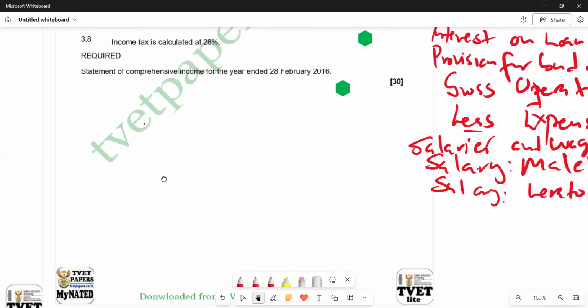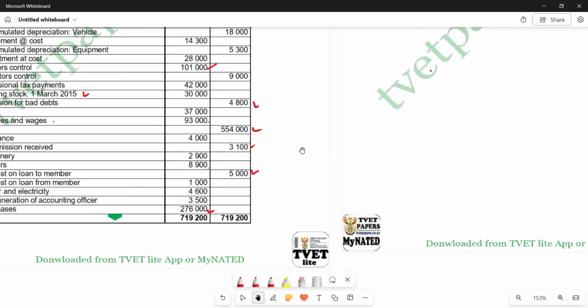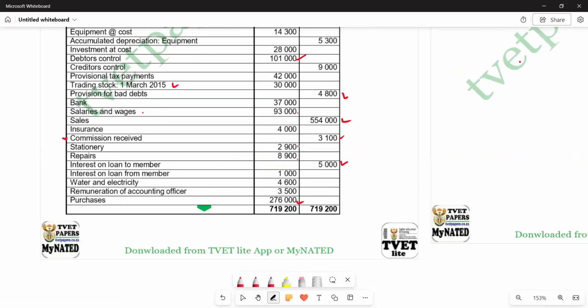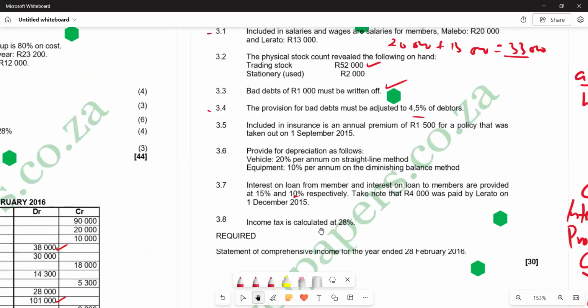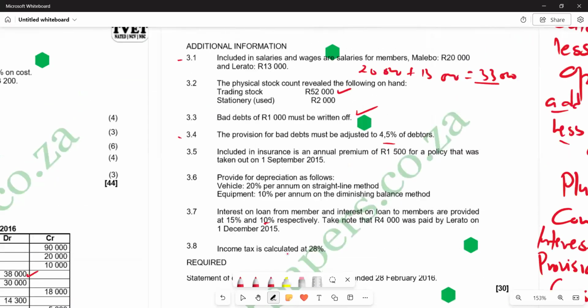Then we go again to the additional information to see what we have under salaries, and we've got insurance, which is 4,000. And for insurance, again, we check if we've got any additional information that is affecting our insurance. You go to item 3.5: included in insurance is an annual premium of 1,500 for a policy that was taken out on 1 September 2015.